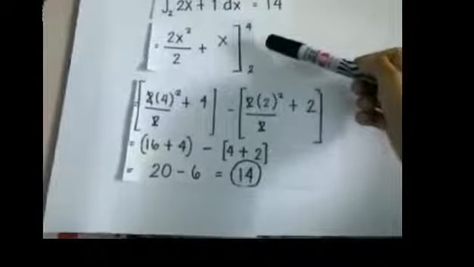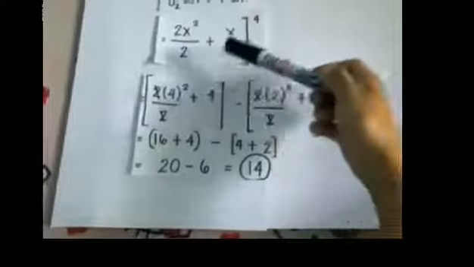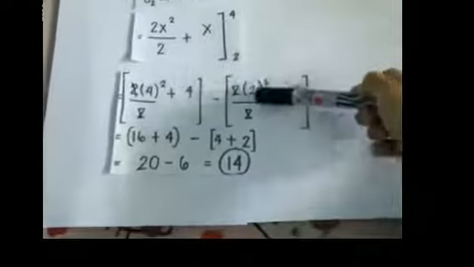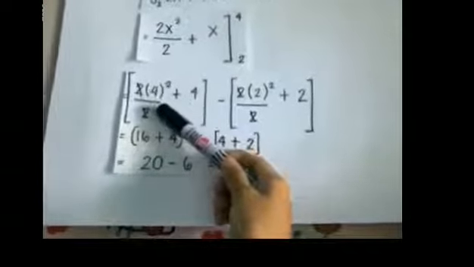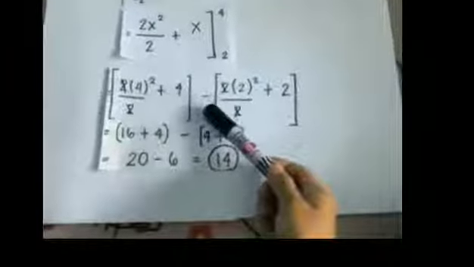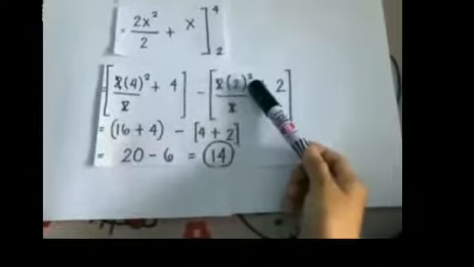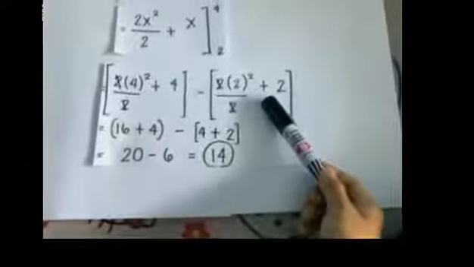Let's substitute first the 4, and the same goes for the other side, the 2. So 2 times 4 raised to the power of 2 divided by 2 plus 4, minus 2 times 2 raised to the power of 2 divided by 2 plus 2.